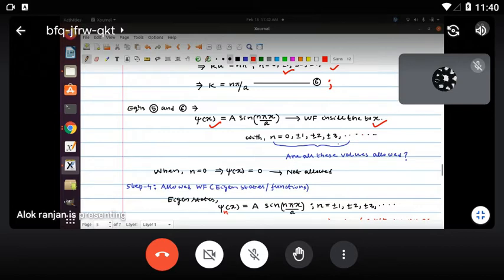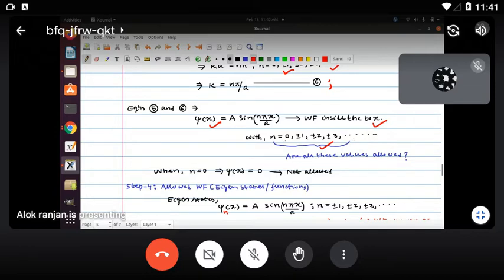Then the next question is, we need to find out the allowed wave functions, that means the eigenfunctions. We might ask ourselves, are all these values allowed? n equal to 0, plus minus 1, plus minus 2, plus minus 3, and so on? No, all these values are not allowed.